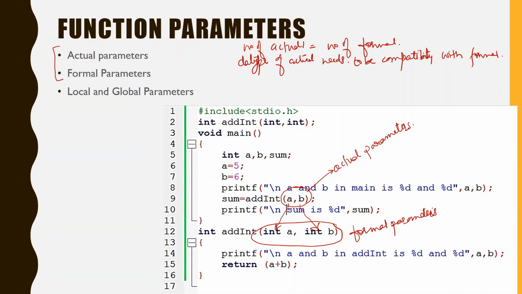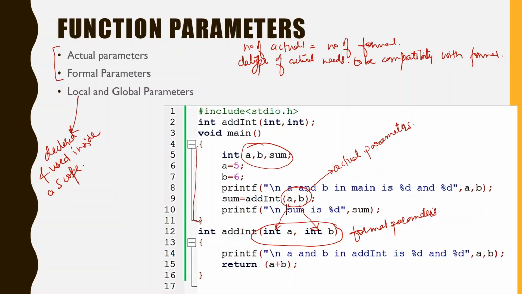These are the two different types of parameters in terms of functions, but we also have some different parameters, which are local and global parameters. So local parameters are what? Any parameter declared and used inside a scope. So they are called local parameters, like this A, B and sum. These three parameters are local to this scope only.